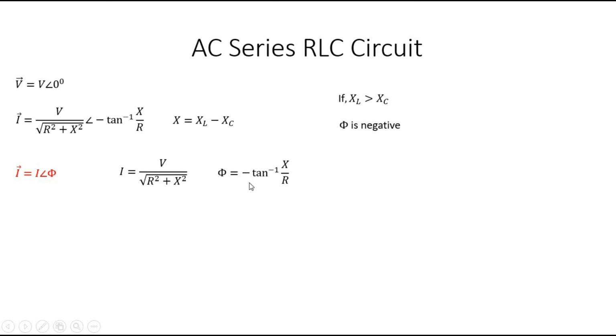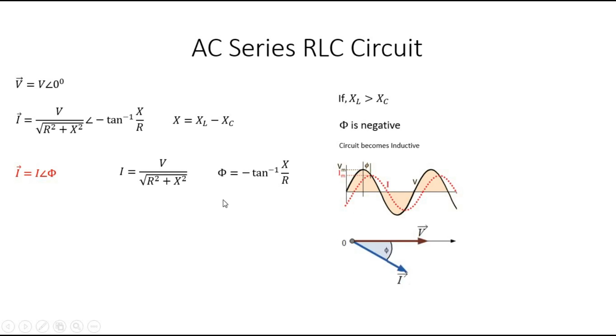Phi negative means XL is more, and the current is lagging the voltage, which means the circuit becomes inductive. The waveforms will be like this, the current will be lagging, and the phasor will be like this. Since it is minus, the current lags the voltage by angle phi.